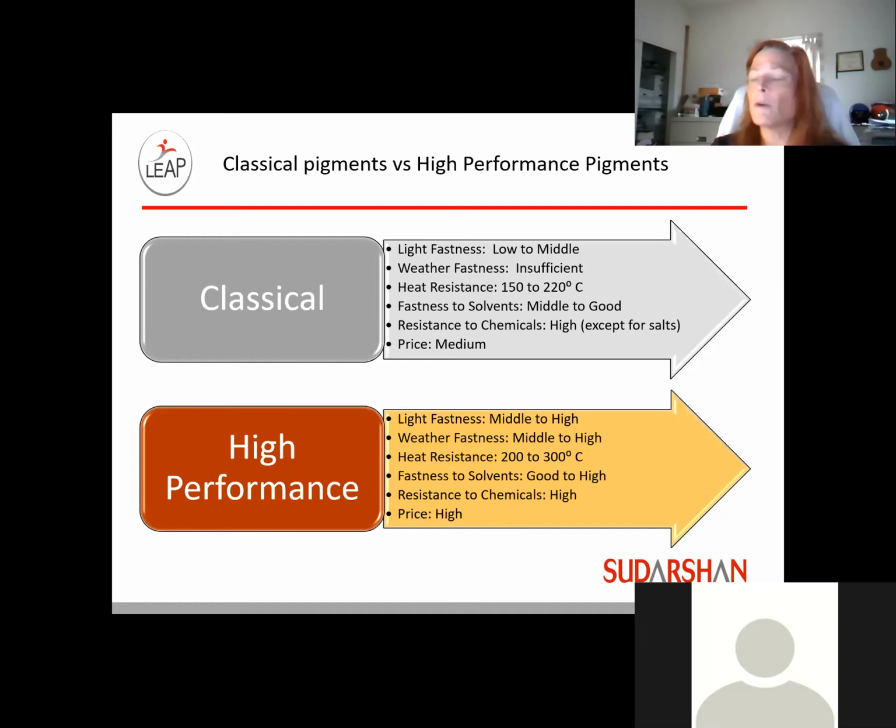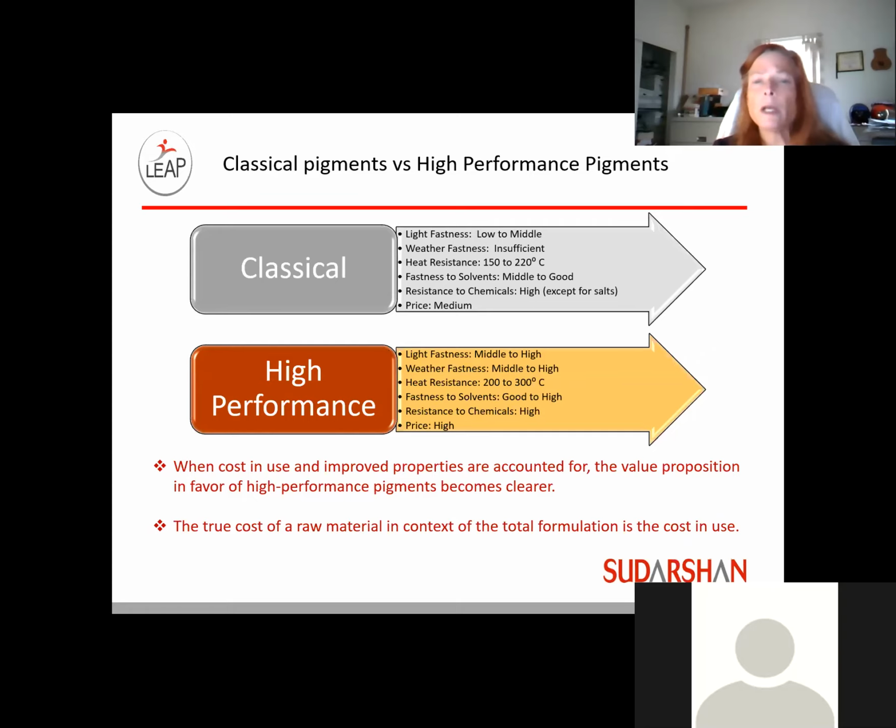The high performance pigments are also very good in the coatings area, with resistance to solvents. The other key differences are in the pricing area. The high performance pigments are higher priced, but they do offer much more in their value in use.